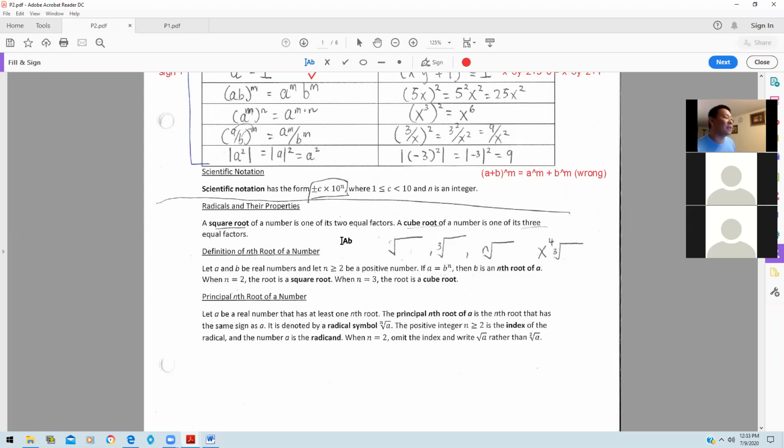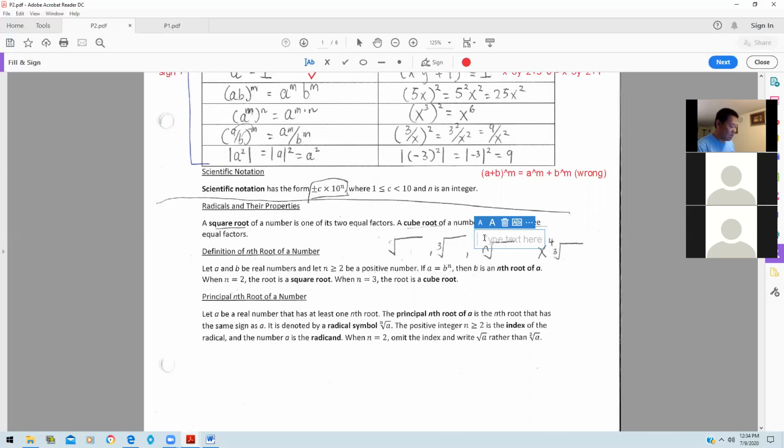Cube root is the same thing as square root, but instead of twice, you multiply the number 3 times. So like cube root of 8 is 2, because 2 times 2 times 2 is 8. Then cube root of 27 is 3, because 3 times 3 times 3 is 27. And then we have an nth root in this case, where this n is called the index.